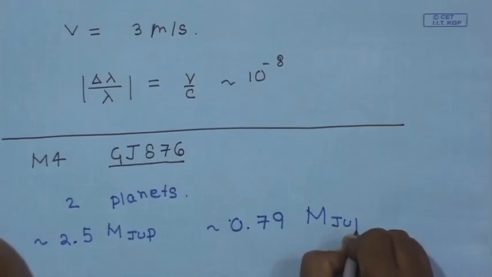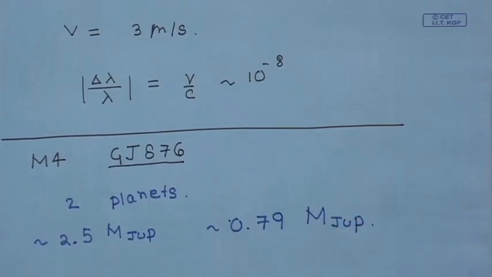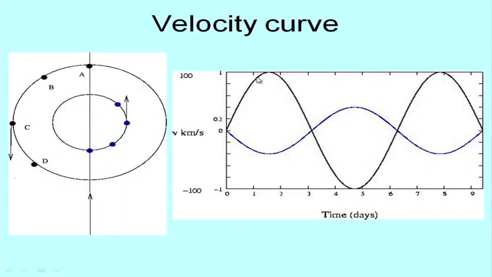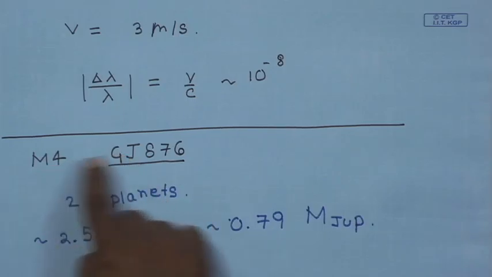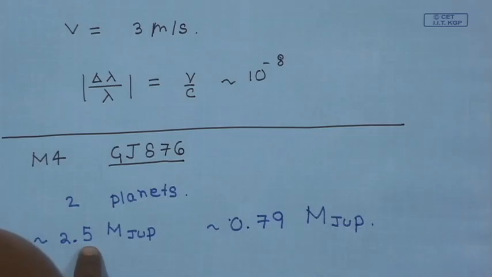So, this is just an example of a star which has not one exoplanet, but 2 planets around it. Obviously, the velocity curve is not going to be just a single sinusoidal, because the 2 planets will have their own period. So, it is going to be more complicated, and it is a difficult task interpreting it, but scientists have interpreted it, and they infer that there are 2 planets going around this star, one of mass 2.5 and the other of mass 0.79.